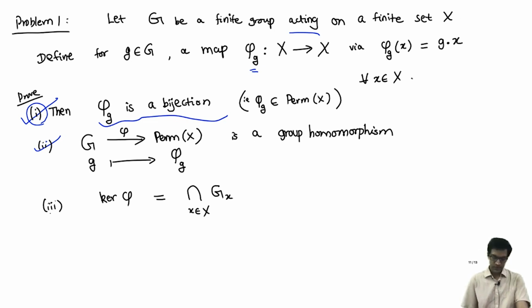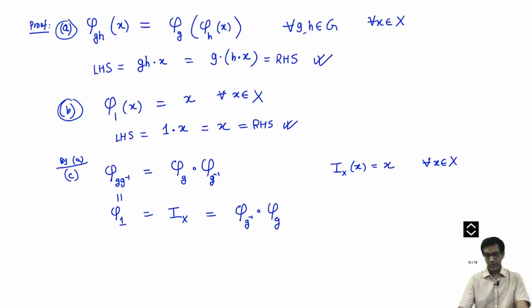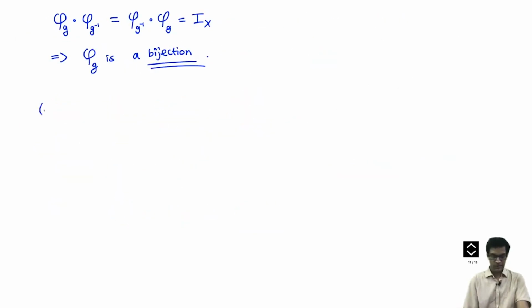Okay, so let's prove the last of the assertions, that the kernel of this map is just the intersection of the stabilizers. So I just now need to prove part 3 of this problem. To do this, I need to understand what the kernel of this map phi is. By definition, it's all those g in the group G such that phi sub g maps to the identity map.